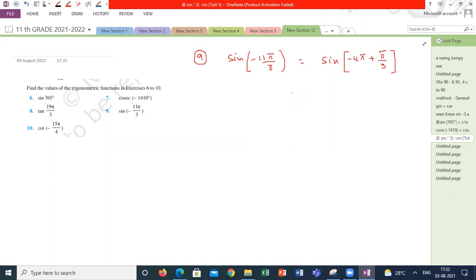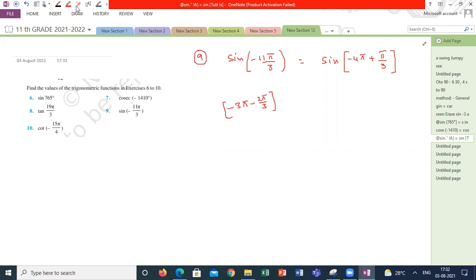Anything wrong in this? Or you can write minus 3 pi minus 2 pi by 3. Either one is also right. Both will represent the same location.